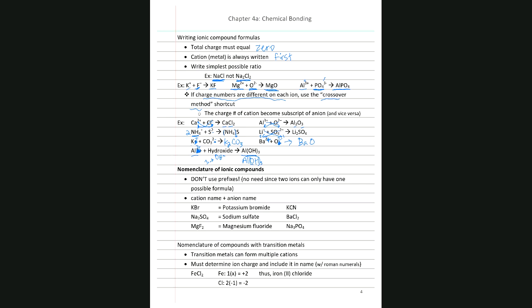Okay, so when it comes to making ionic compound formulas, you need to be able to know the charges on the ions, and you need to be able to essentially balance them, have them cancel out to 0 in order to form the right ionic formula.